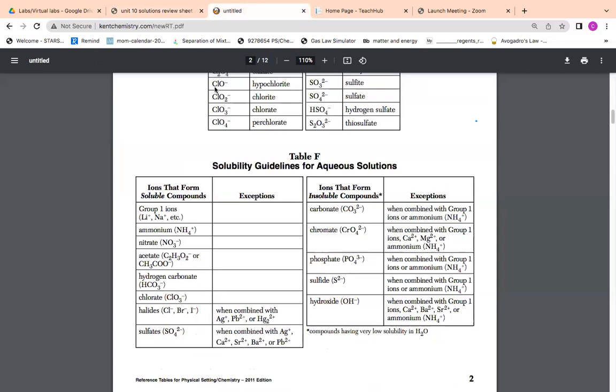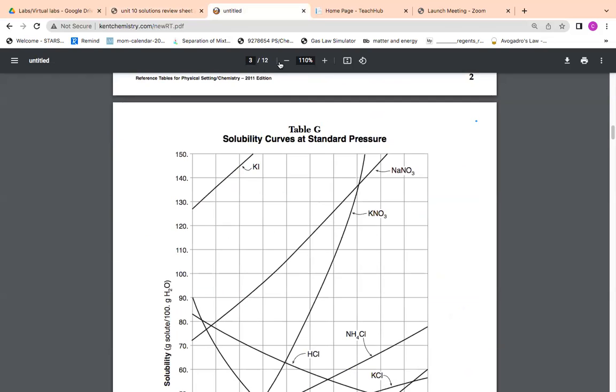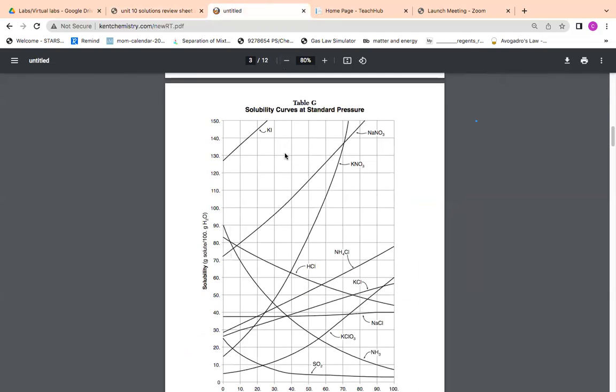So we are going to need the solubility curve. Okay, so again, the information that they're giving us is that we're at 60 degrees Celsius, and let's see, we are at 80 grams, which is, oh, I need my pen back.